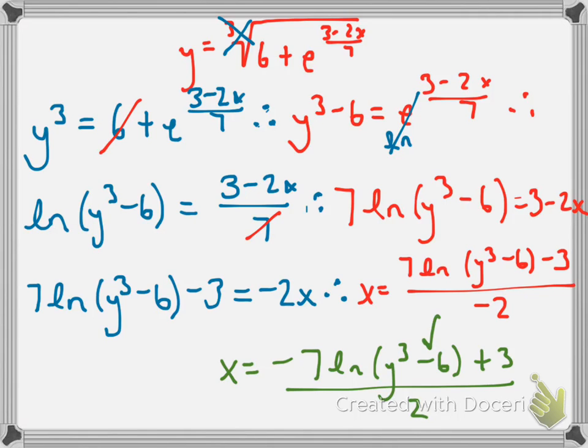This sign doesn't change because it is part of this natural log, but the other signs do. So this sign changed, this sign changes, and this sign changes. And these are your possible final answers.